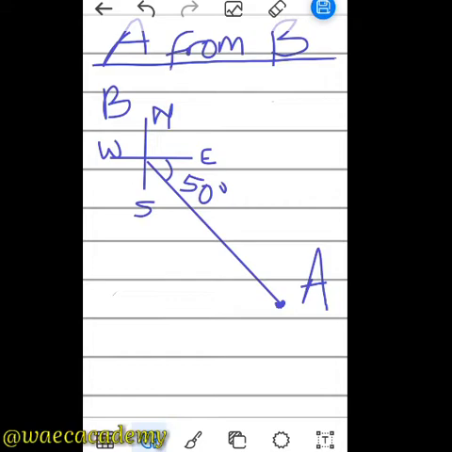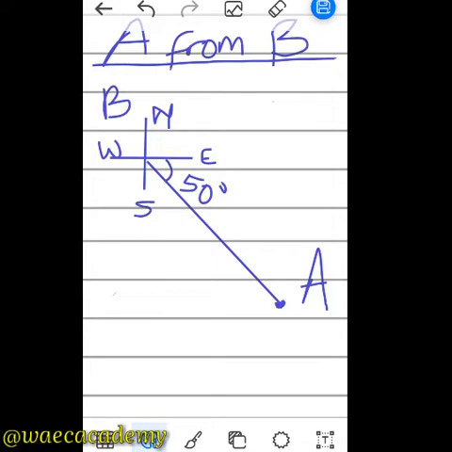In this case, A is close to south, which means your bearing is going to be the angle between south and A. It is not going to be the angle between east and A. Remember, always make reference to your north and your south.